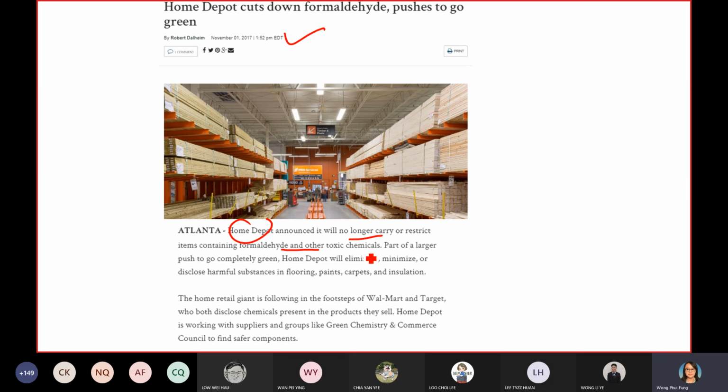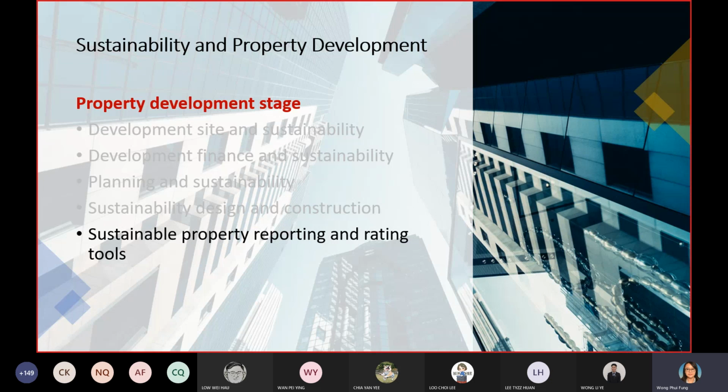When timber is produced, it releases this kind of formaldehyde. So that's why one of the suppliers already says they are going green. They don't want to use formaldehyde because they know these chemicals are quite bad for people. Okay. All right. For this part, I will leave it for next week.